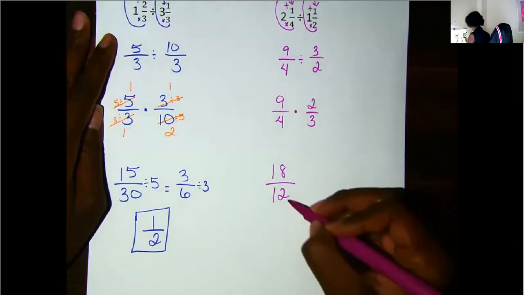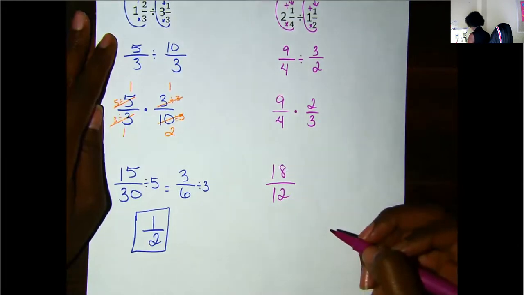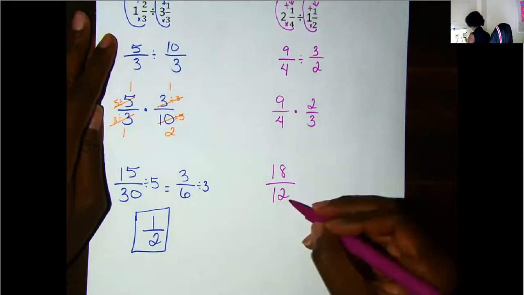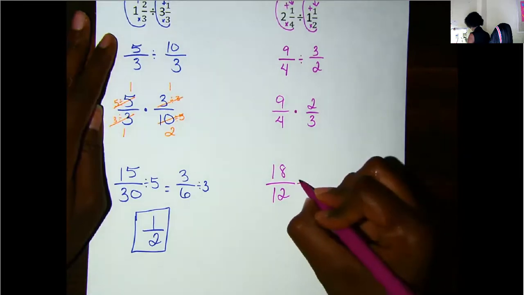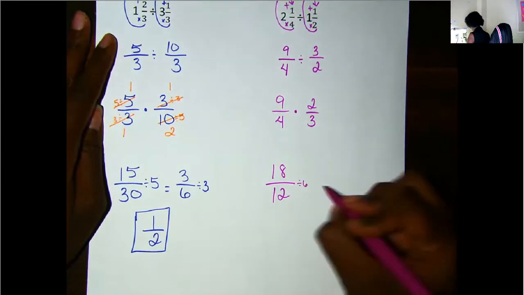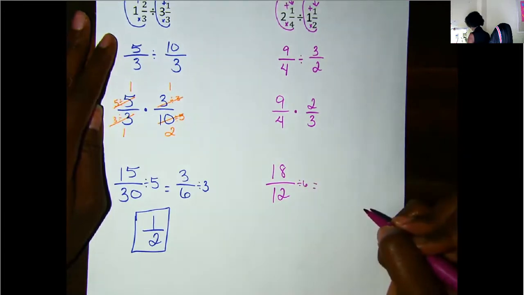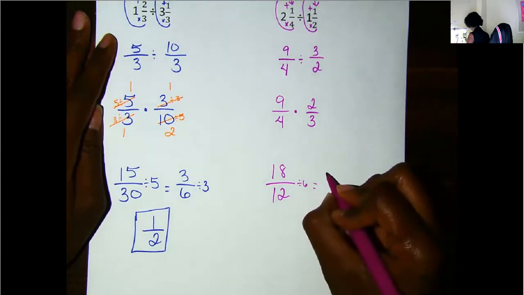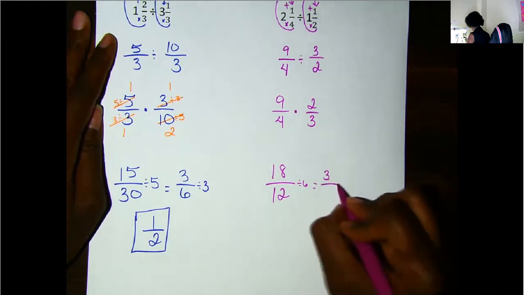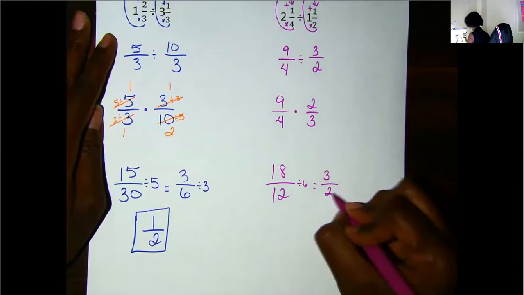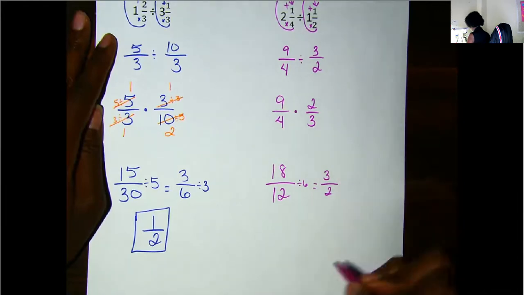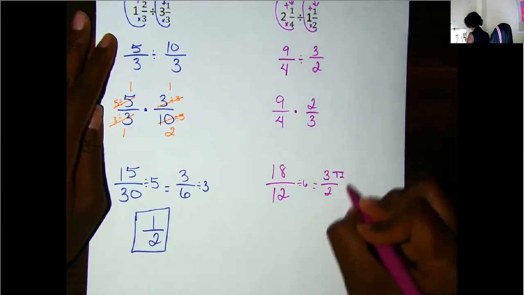Both of these are even. I know I can use 2, but I think there's a bigger number we can use here. 6. 18 divided by 6 is 3. 12 divided by 6, 2. Again, I'm still improper, so I have to use my friend Tae Bo.